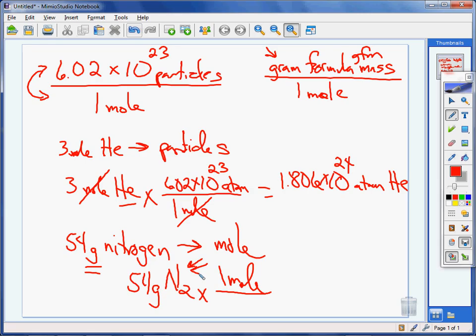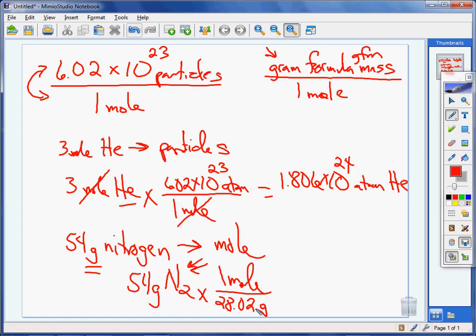Anytime we're dealing with a diatomic, we're going to have to double the atomic mass. So instead of 14.01, it's going to be 28.02 grams. That's the reason I like calling it gram formula mass, to remind you that those units should be in grams.